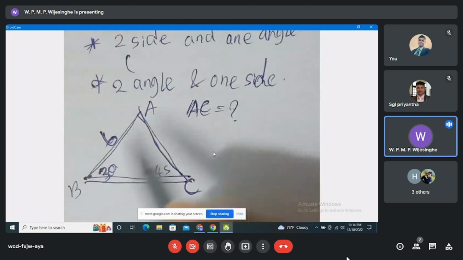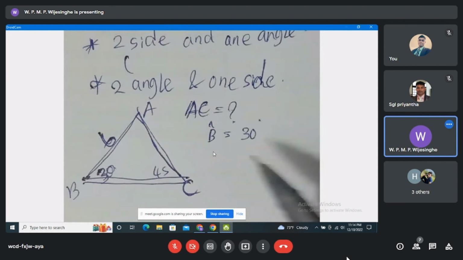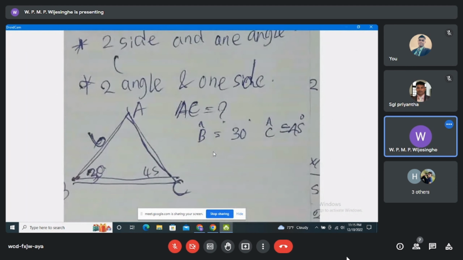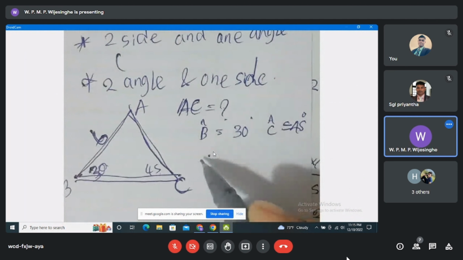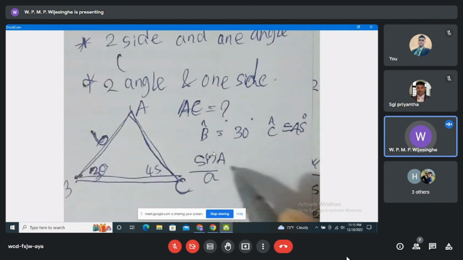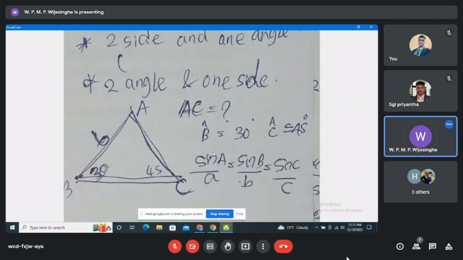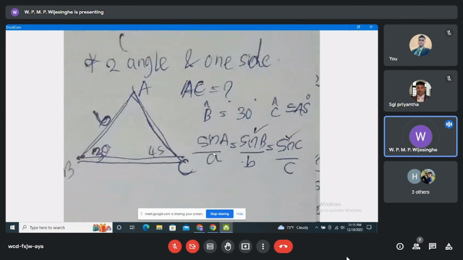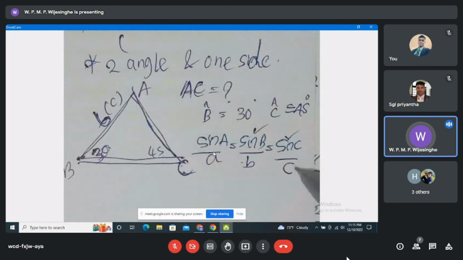Angle B is 30, and you know angle C is 45. Then I can apply the sine rule: sine A divided by a equals sine B divided by b equals sine C divided by c. You know angles B and C, and the side opposite C, which is 6.